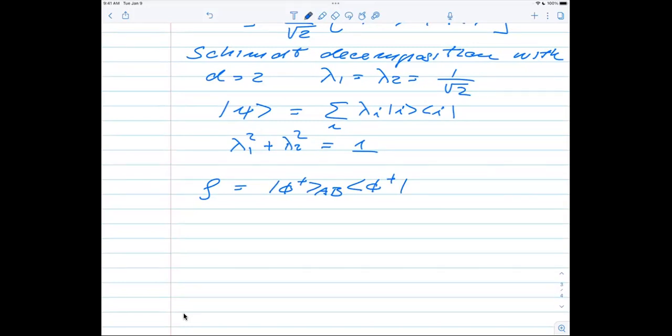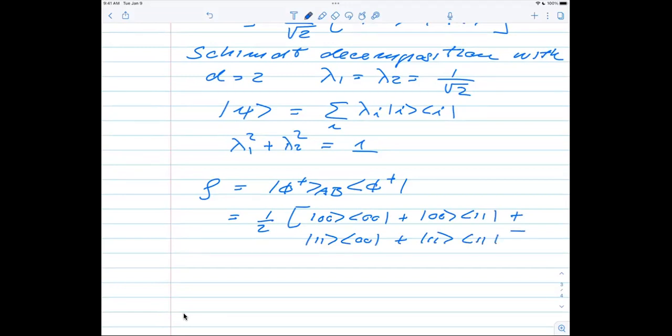You have a specific state, and from that state you make the definition of the density matrix. If you write out the basis states, this is the same as 1/2 times 0, 0 with 0, 0, these are outer products, then 0, 0 with 1, 1, so that's not necessarily 0, and then 1, 1 with 0, 0 plus 1, 1 with 1, 1.